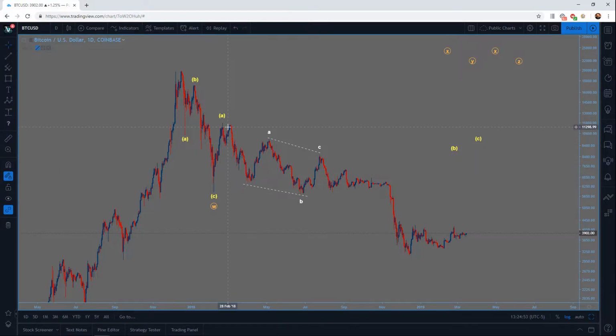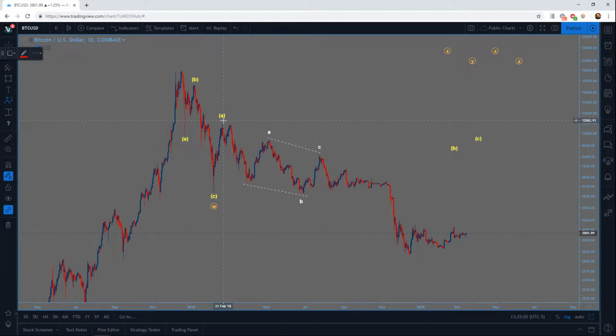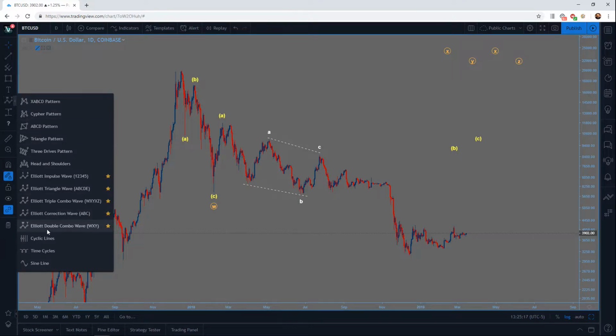This, for me, appears to be another subwave of B, or of a WXY. And in fact, I believe that it was a WXY corrective move. And potentially even a WXYXZ again. Actually, let's go ahead and pull the WXYXZ.